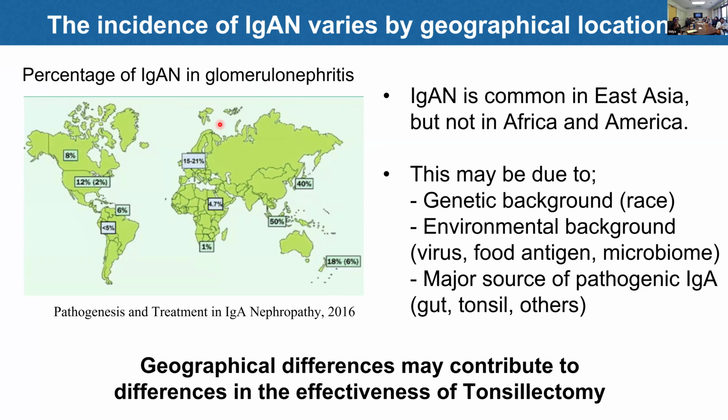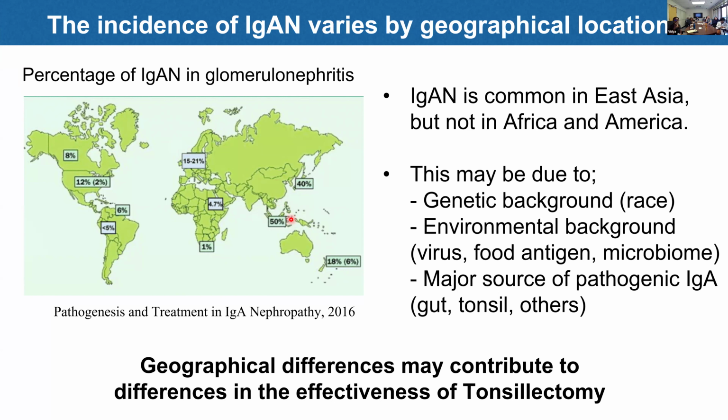The incidence of IgAN varies by geographical location. Here is the percentage of IgAN in individual countries. As you can see, IgAN is common in East Asia, such as Japan and China, around this area.